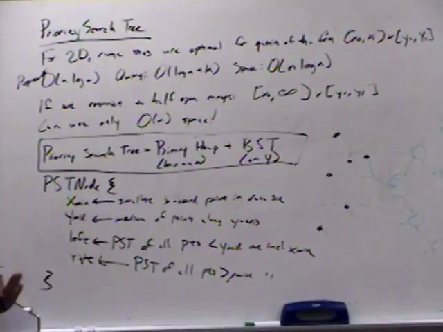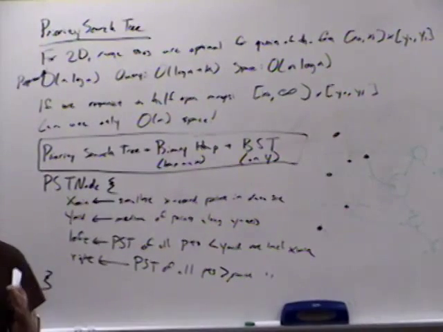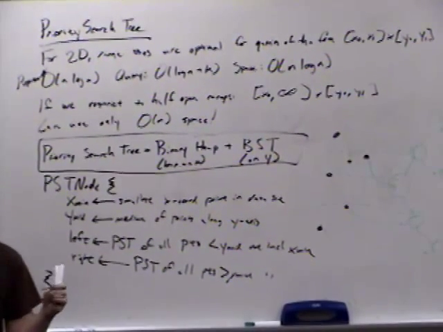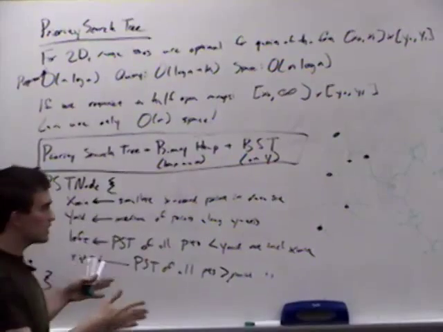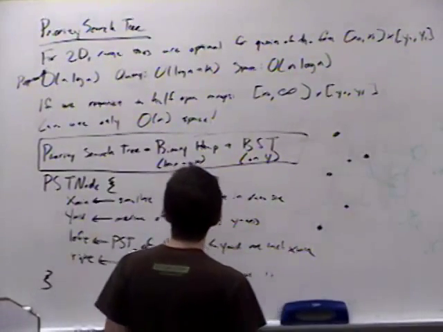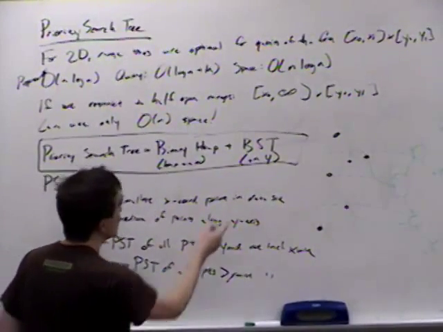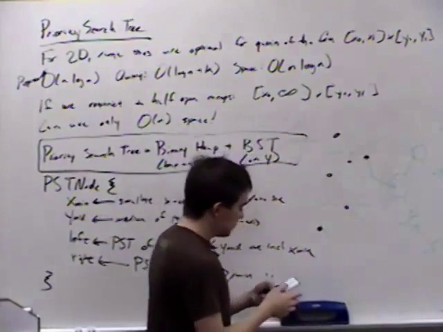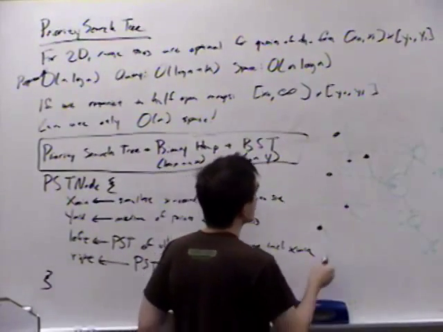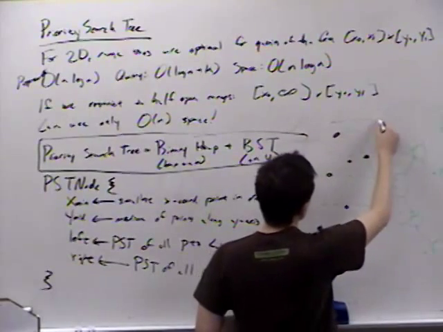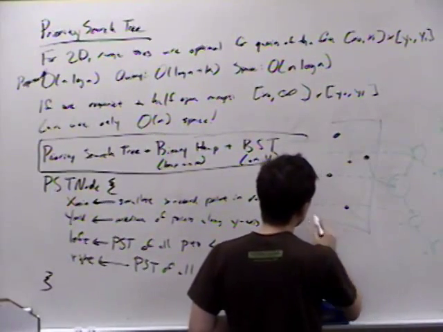So we start out by doing a query for the y0, y1 component of our range that we're going to search. So suppose we want to search maybe this whole range here.